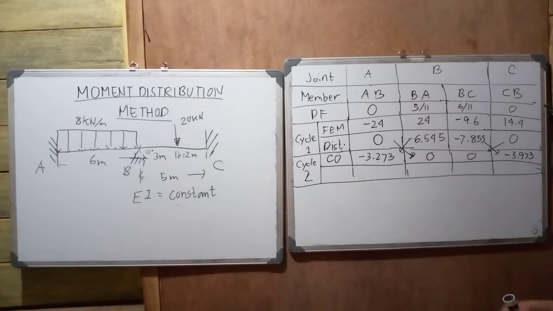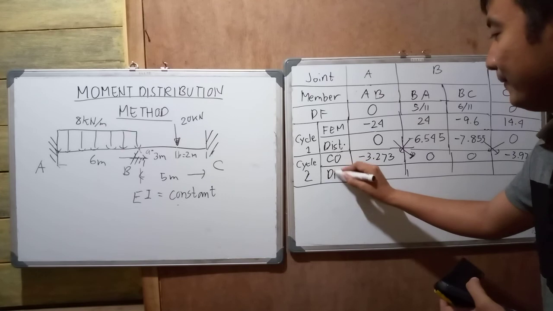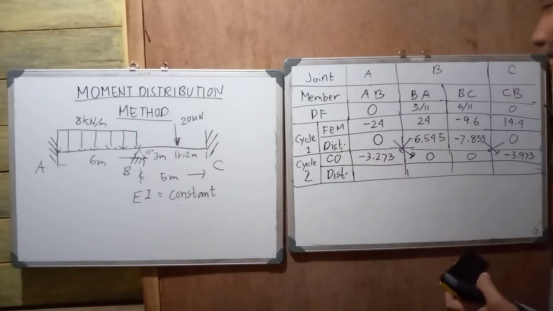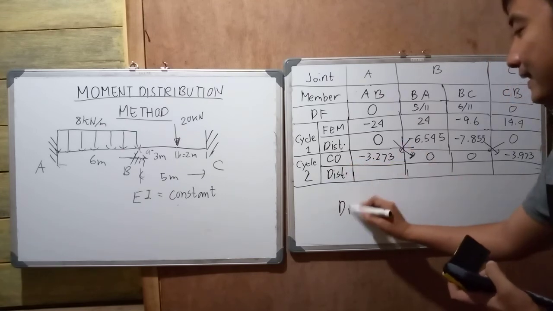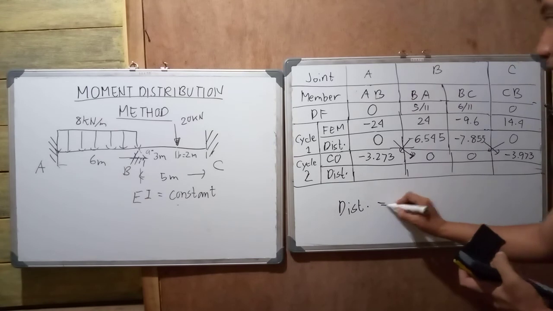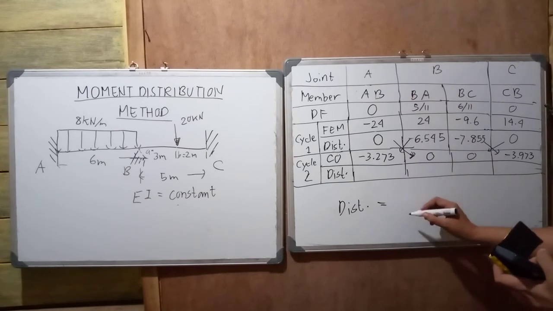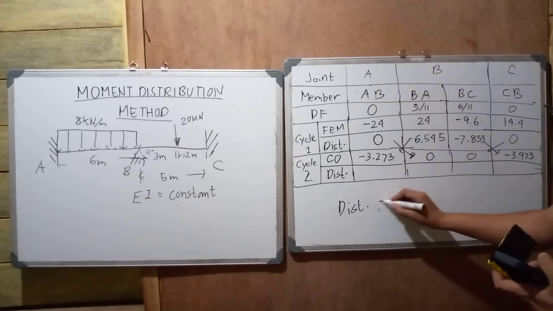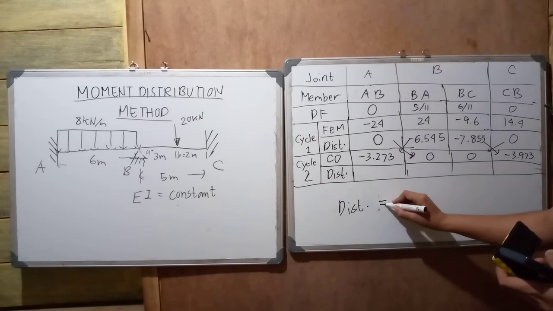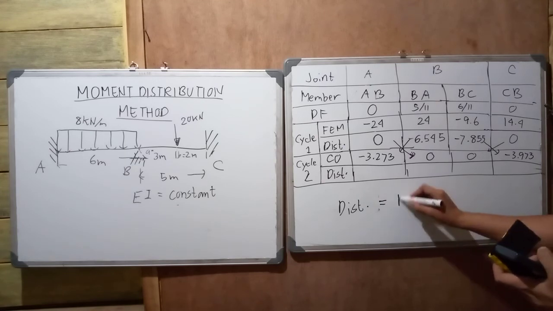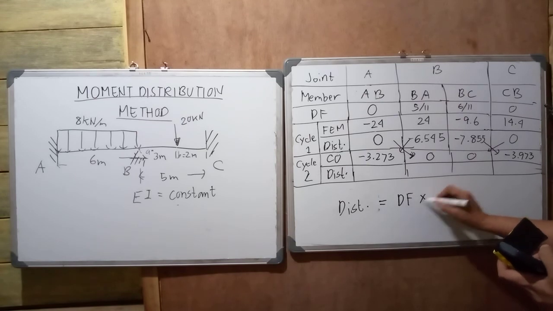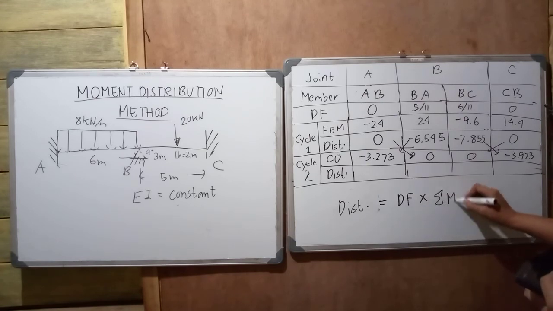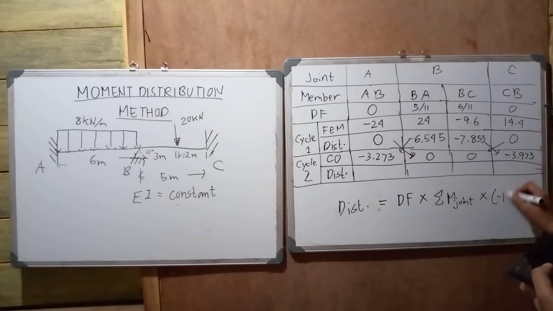So, then, yan. Pagkatapos niyan is, balik tayo kay distribution. So, ganon din yung formula natin. Okay? So, si this natin dito is equivalent to the distribution factor times the summation of moment at joint times negative 1. Okay?